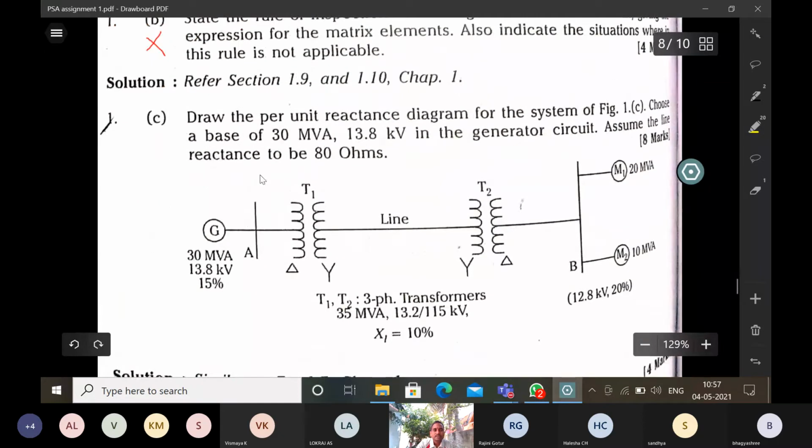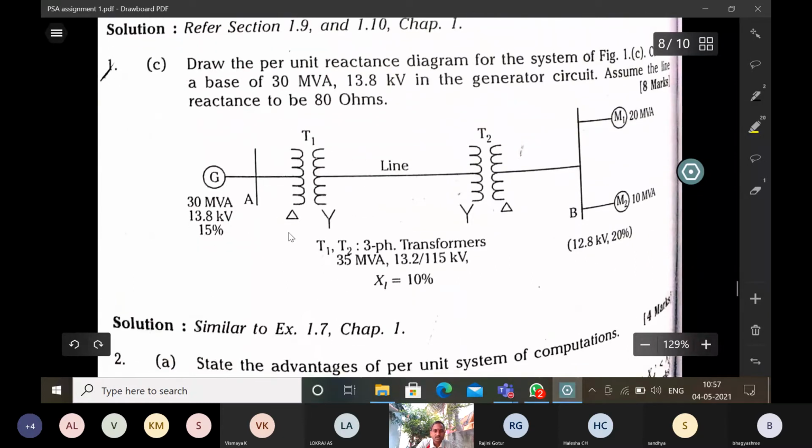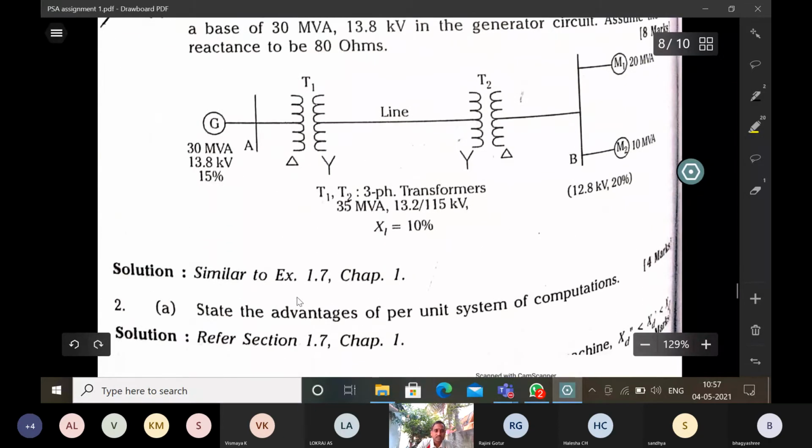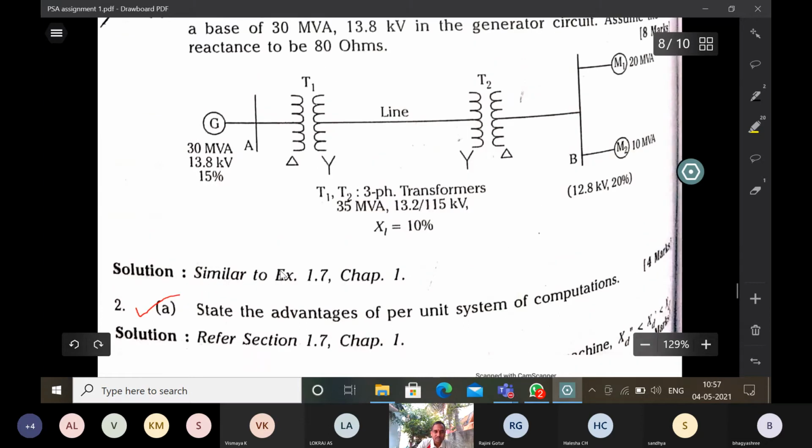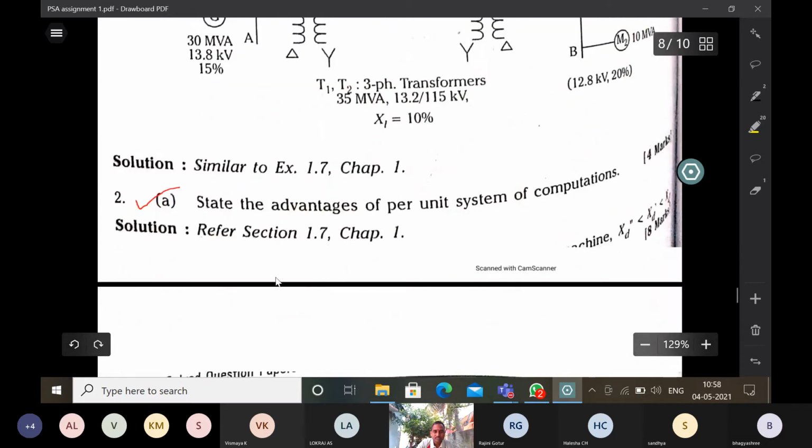And the third one, draw the per unit reactance diagram. The question is given here. This is also similar to the first problem. And the second question is given: state the advantages of per unit system computation. So in every question paper it is repeating. So solve these things as assignment.